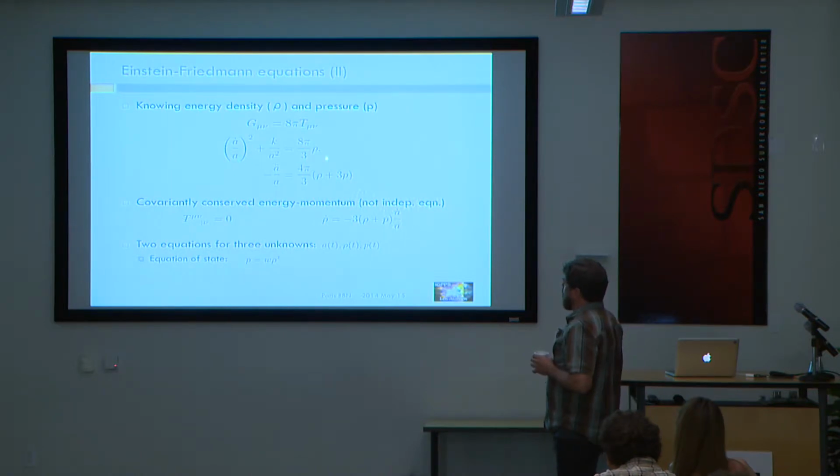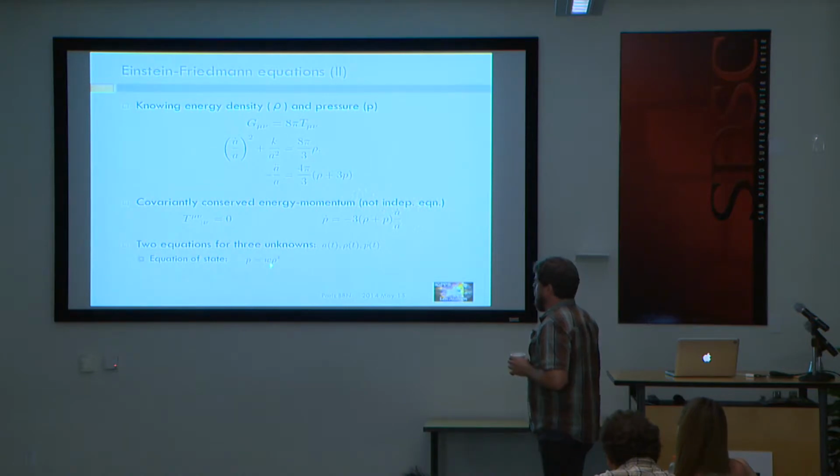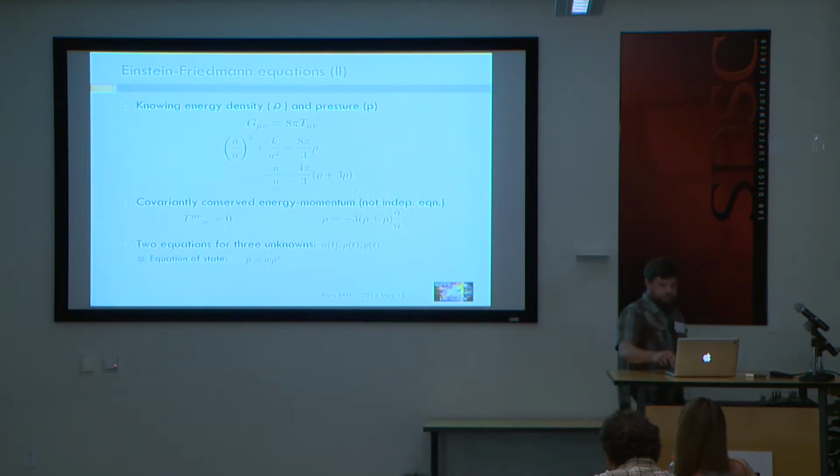In other words, if you differentiate this equation, you get a constraint, which is the same thing as what's in the energy momentum equation. So at this stage, I have two equations for three unknowns. That means I need to assume one more, and that's the equation of state, which relates the pressure to the energy density.